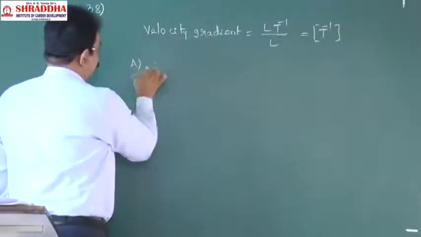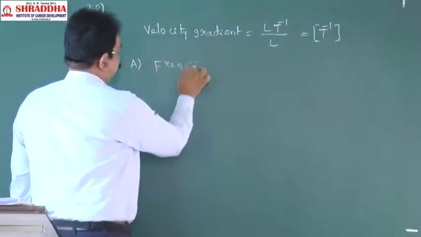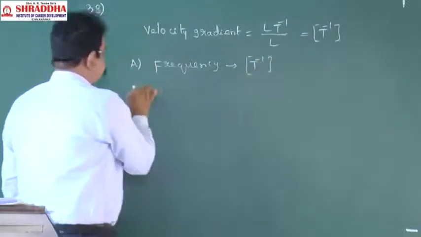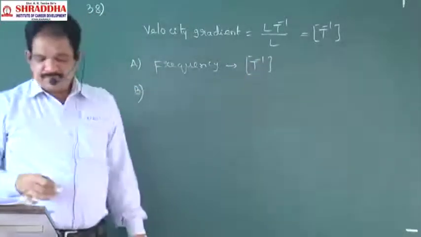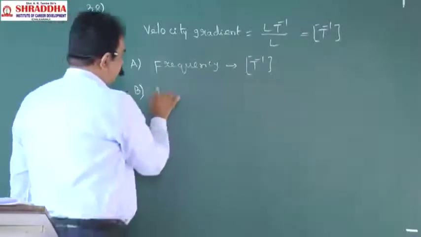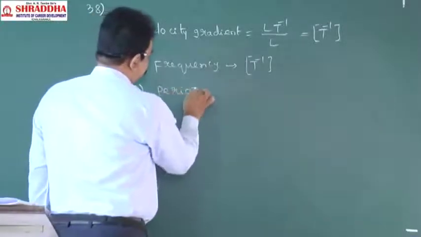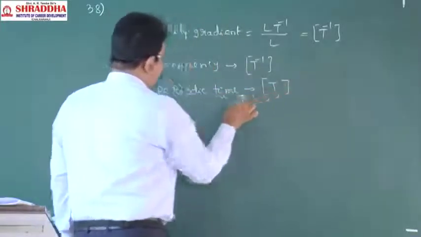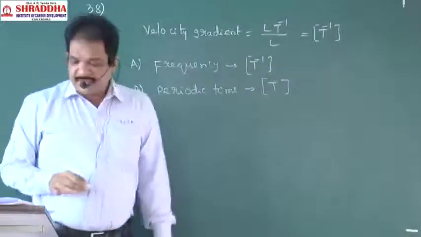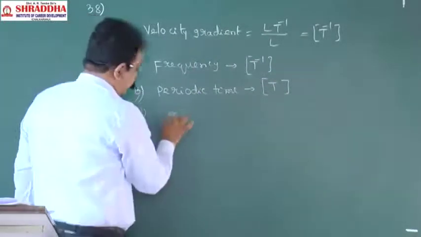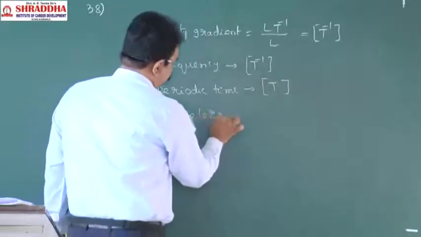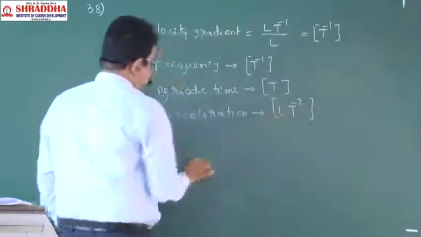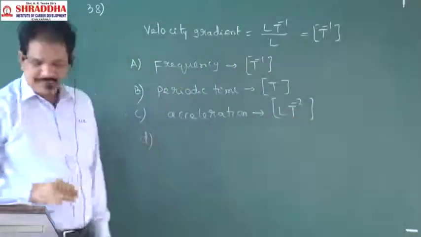A, frequency: dimensional formula T power minus 1. B, periodic time: its dimensional formula will be T. Next, acceleration: its dimensional formula L T power minus 2.